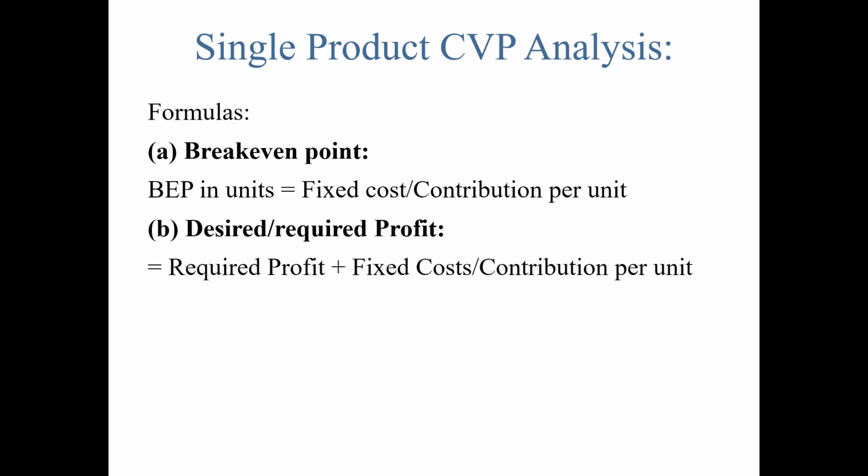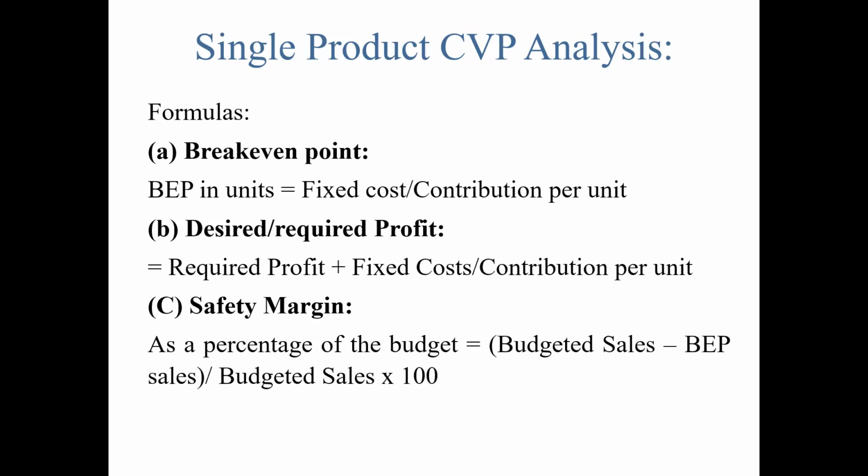Then, my dear, in this chapter we are going to learn that if I have some required or desired profit, then how to determine the number of units I should produce to get it. So this is the formula for the break-even point, and the second one is the formula to achieve the required profit. We are going to use these in this video by doing some exercises.